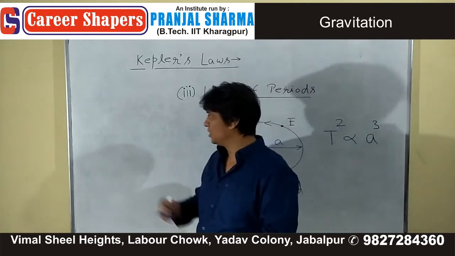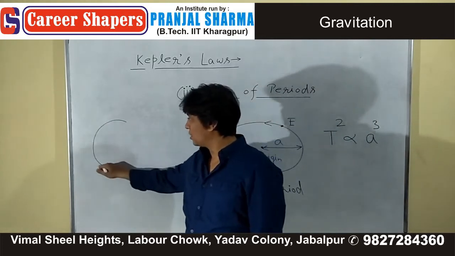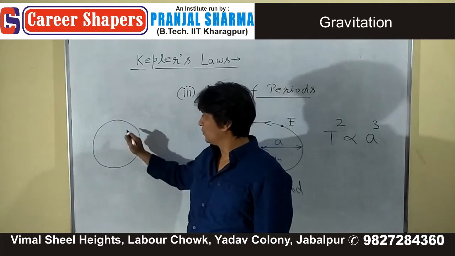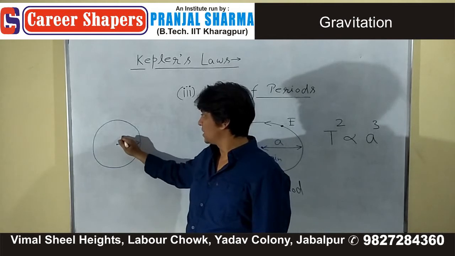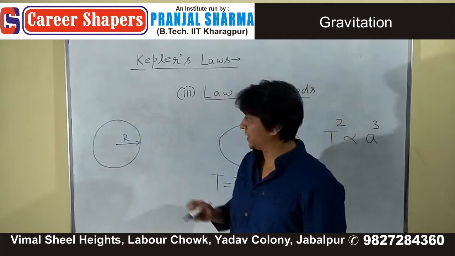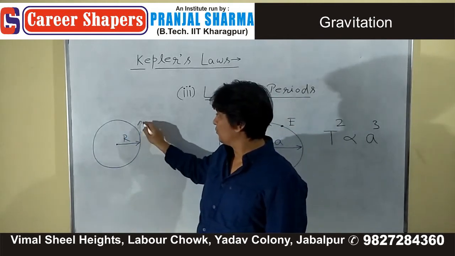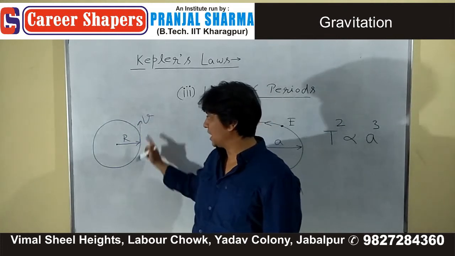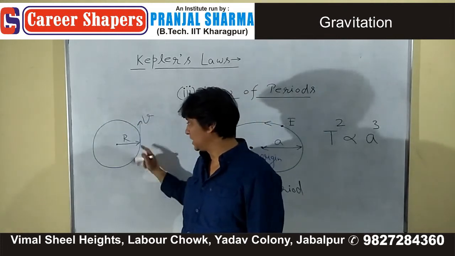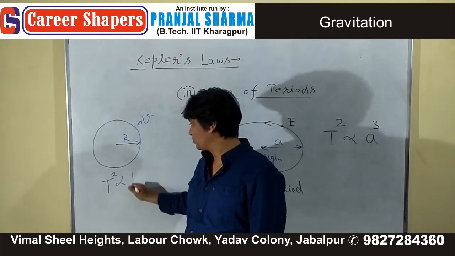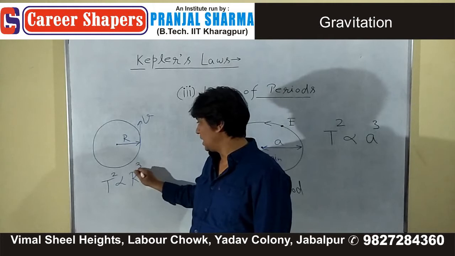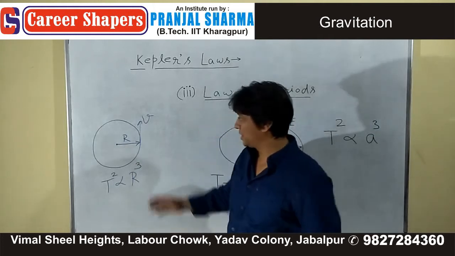If you remember, for a circular orbit where radius is r, in the article of orbital velocity, we had found v, and with the help of v, we found T, and that T square was coming proportional to r cube.